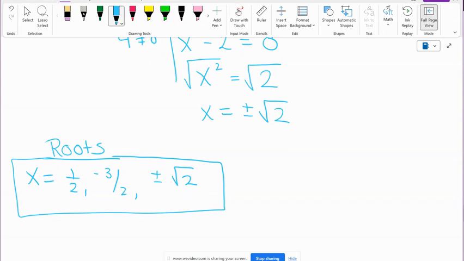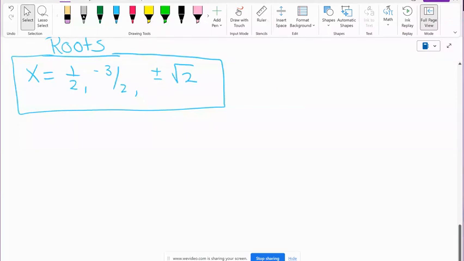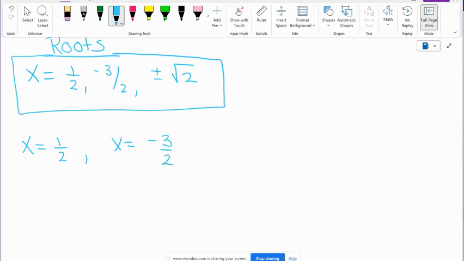I want to go back and find my zeros. So we're going to have x equals a half, x equals negative 3 over 2, x equals root 2, and x equals negative root 2.